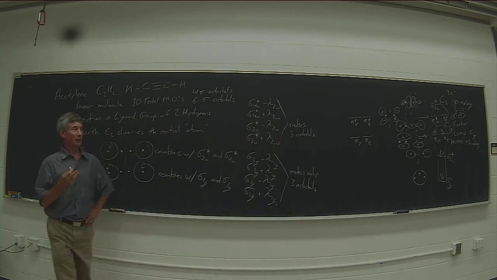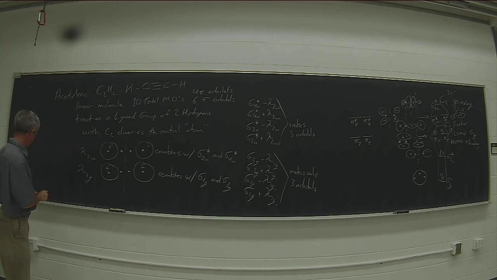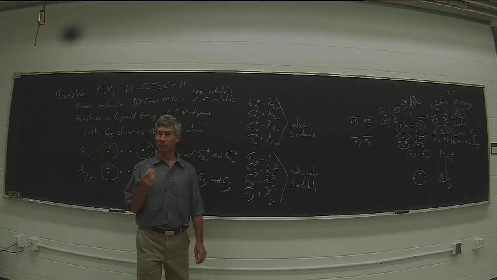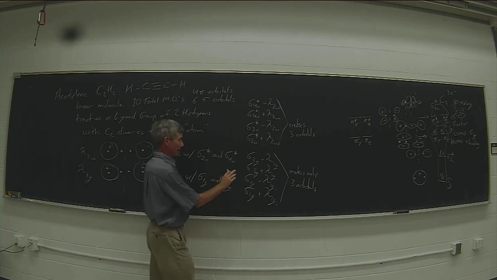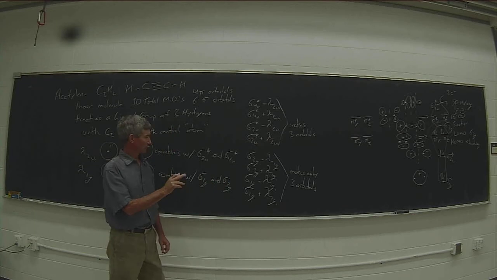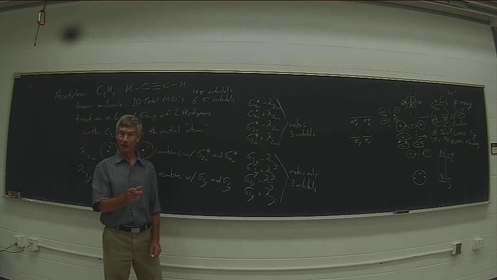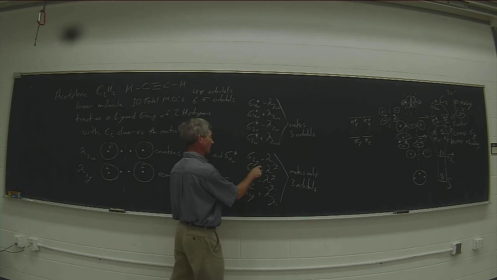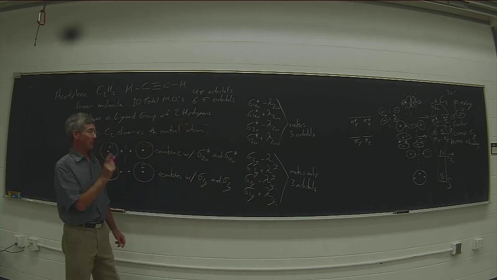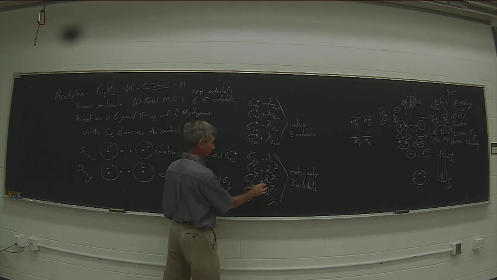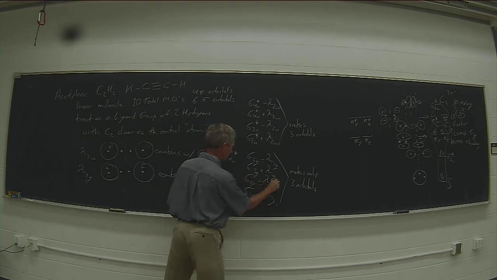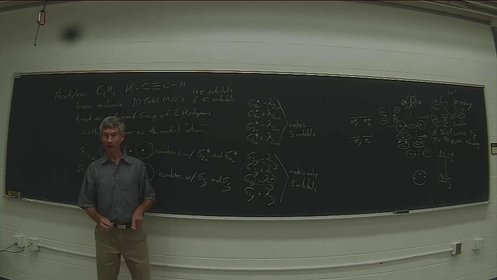So in 2 cases, we have 4 possible combinations making only 3 orbitals, which means that we must have a degenerate set of solutions. And it's the same situation as it was with hydrogen fluoride, where the anti-bonding interaction with the lower energy sigma orbital gives the same predicted orbital as the bonding interaction with the higher energy sigma orbital. So sigma 1g minus lambda 1g is degenerate with sigma 3g plus lambda 1g.